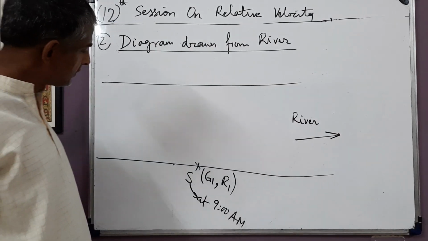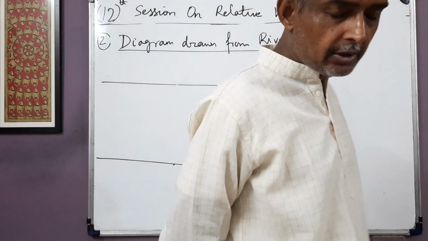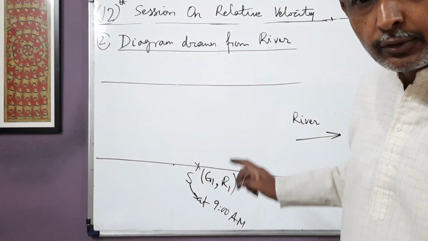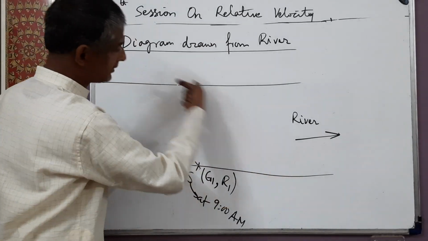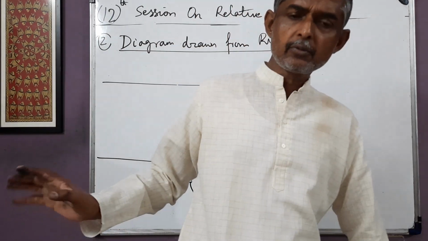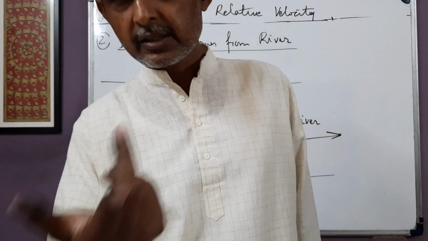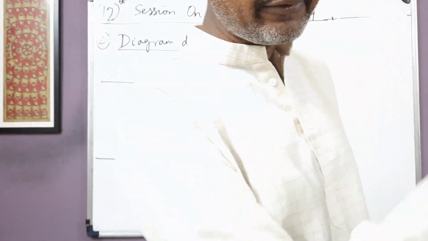Now we have to find the displacement of the swimmer with respect to river and with respect to ground. When we drew the diagram from ground just before this, you saw that the displacement of the swimmer with respect to river was something like this. If we show the displacement from river also, the displacement of the swimmer with respect to river will remain the same, irrespective of whether we draw the diagram from ground or from river.